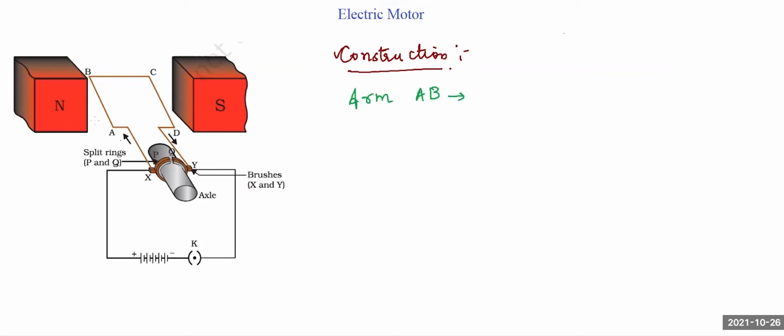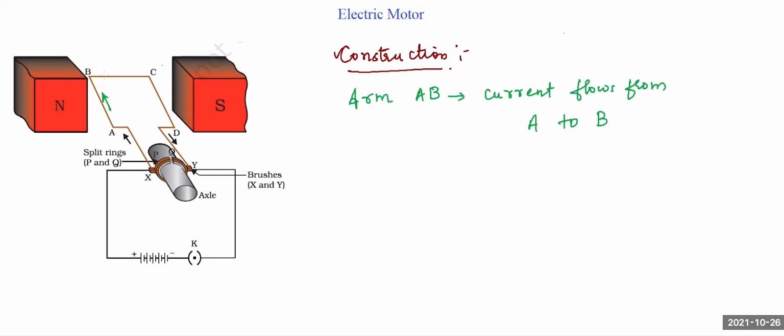In arm AB, the current flows from A to B, as indicated with the green arrow.